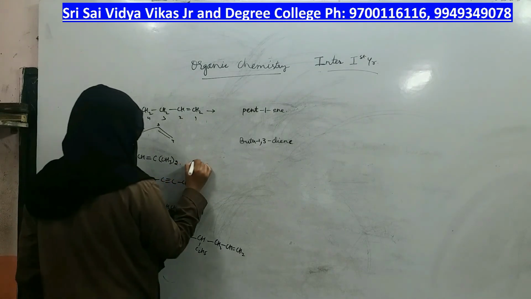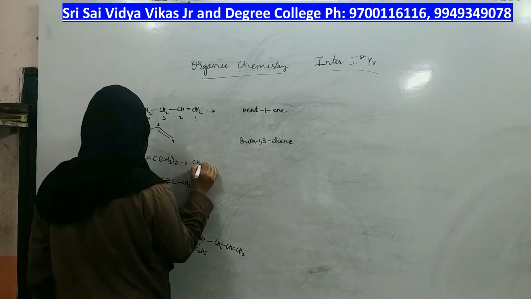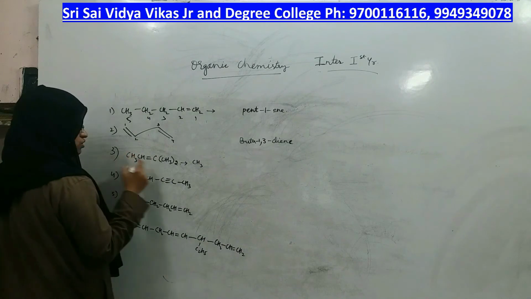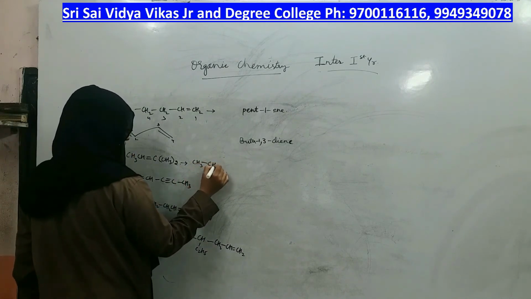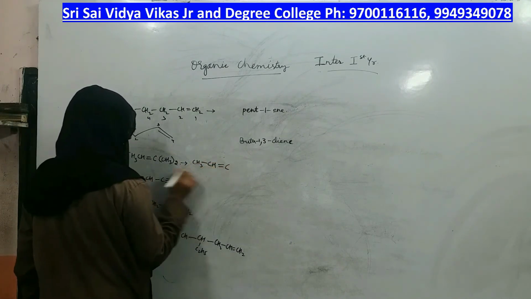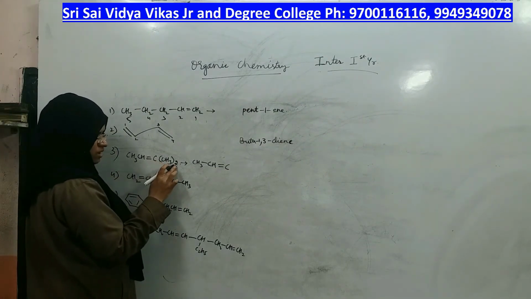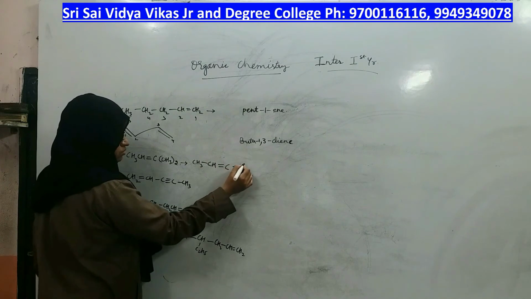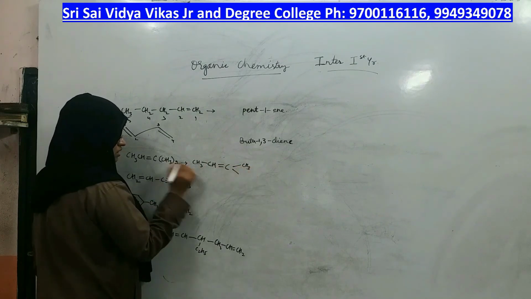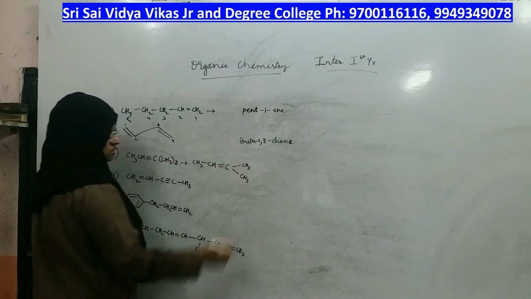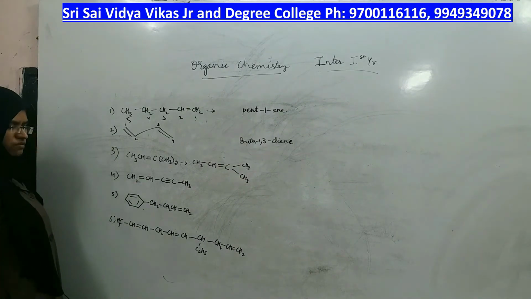So its actual structure is CH3. They have not shown a bond but it is present. Then double bond, then carbon. On this carbon there are 2 methyl groups, CH3, another also CH3. This is the actual structure of the compound.